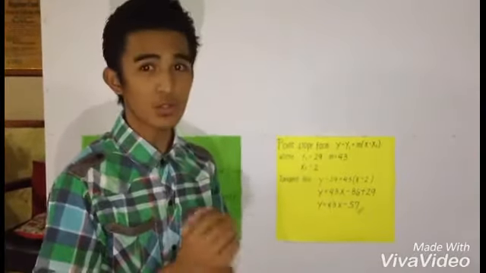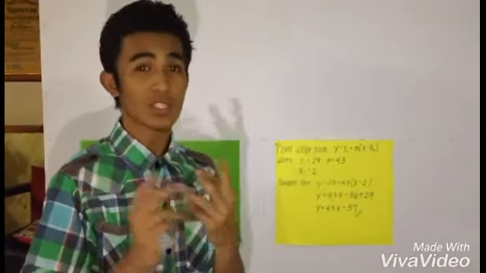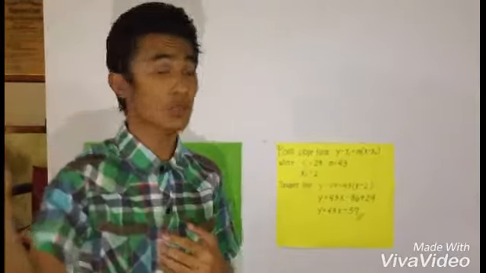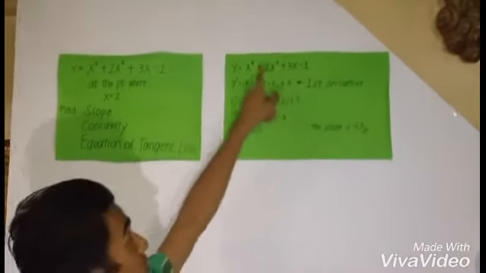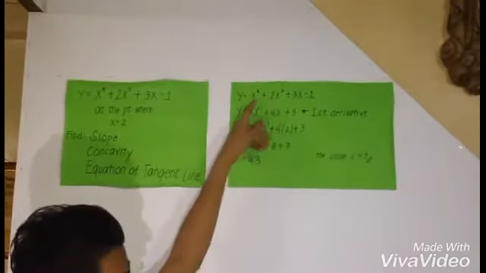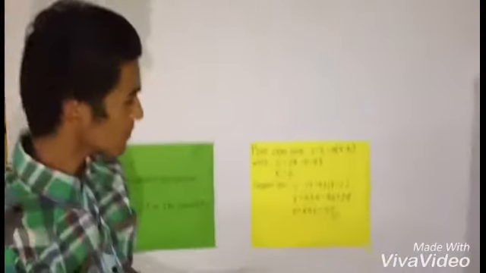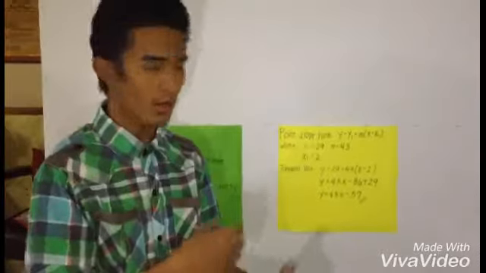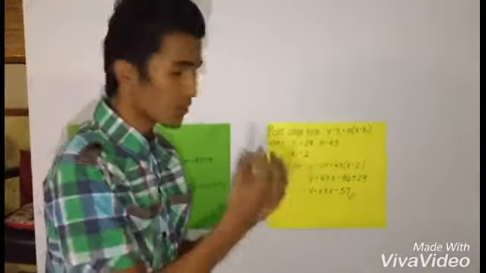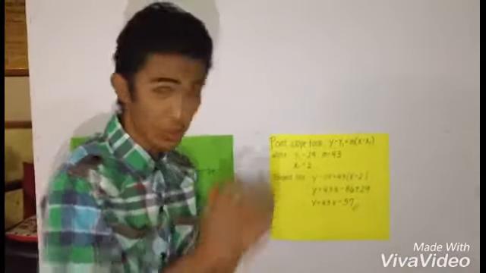We got 29 by substituting 2, which is x, into the original equation, which is x raised to 4 plus 2x squared plus 3x minus 1. When we substitute 2 for the variable x, the answer we will get is 29. So for the tangent line, we simply have to substitute the missing variables in order to get the exact equation.